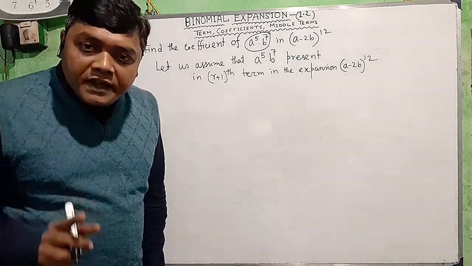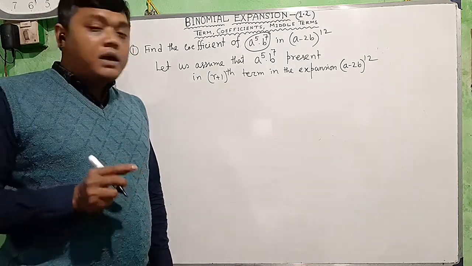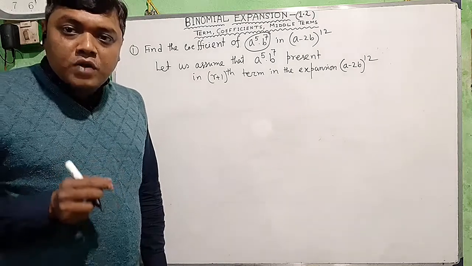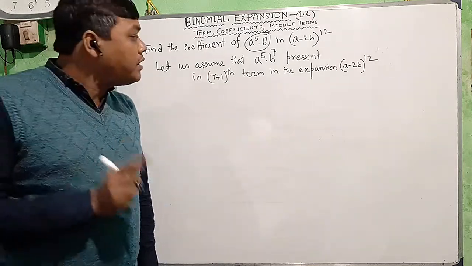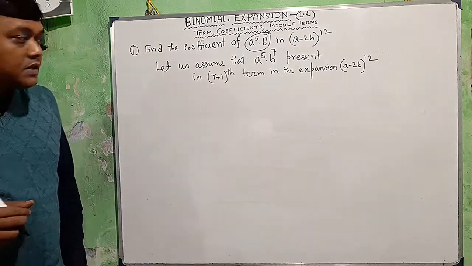That means if you expand (a minus 2b) whole to the power 12, the (r plus 1)th term contains this expression a to the power 5 into b to the power 7.